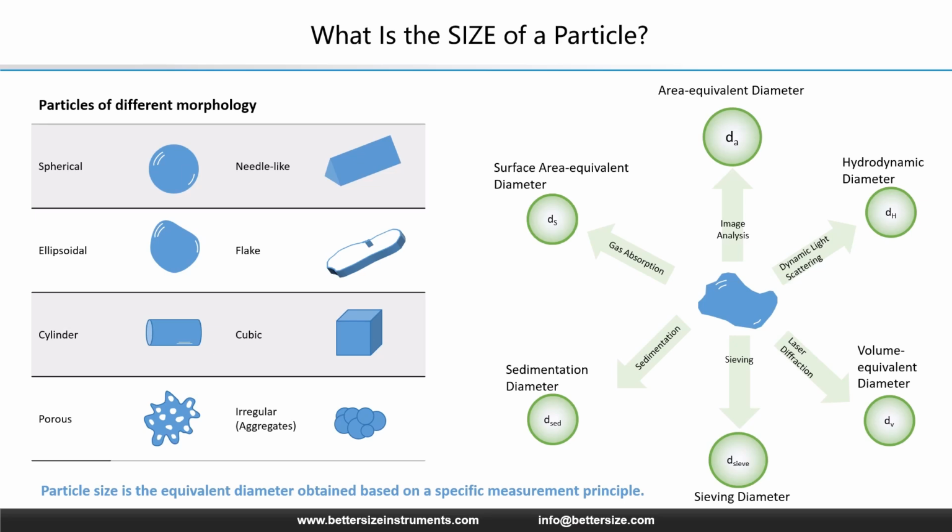But with the Bettersizer 2600 Plus, we use laser diffraction. This gives us the volume equivalent diameter. We are asking, what is the diameter of a sphere that has the exact same volume as this particle? This is the industry standard because it is the most robust way to quantify the amount of material you actually have.